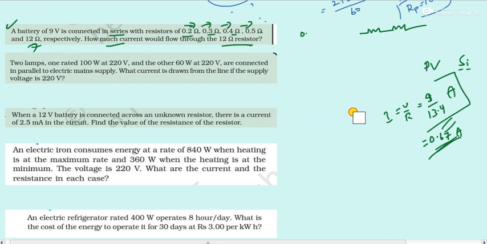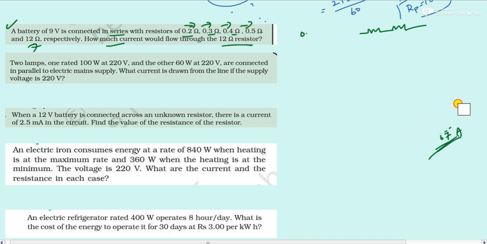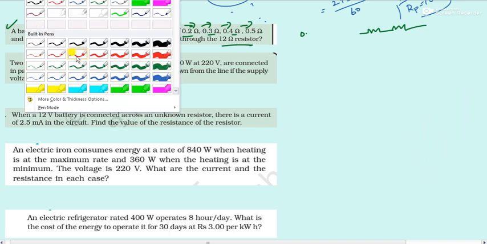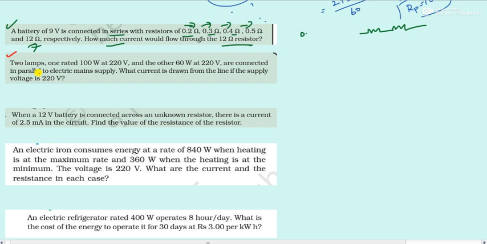This is the question. Two lamps, one rated this and this, and the other is this, are connected in parallel. Okay, so one lamp here, another lamp here, they are connected in parallel. What current is drawn from the line if the supply voltage is 220?